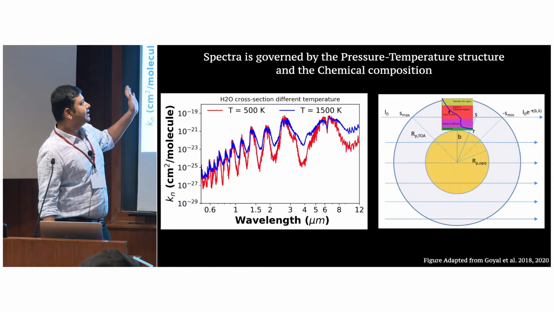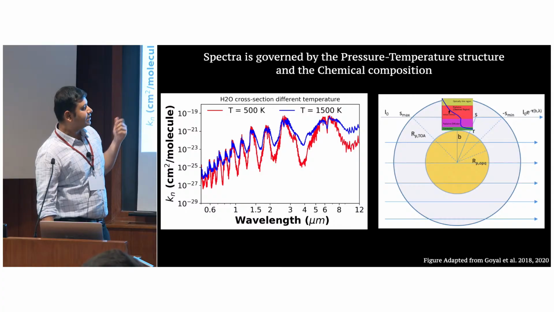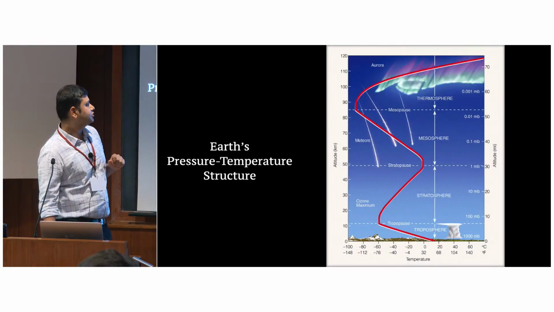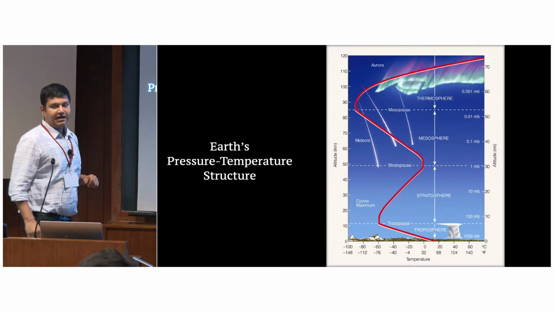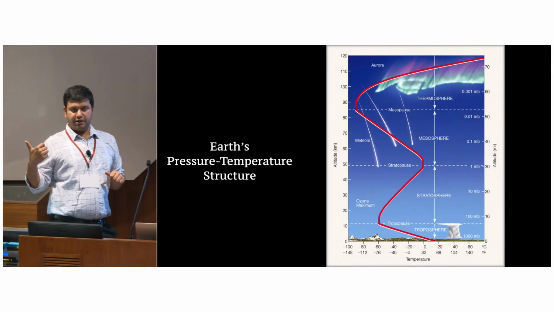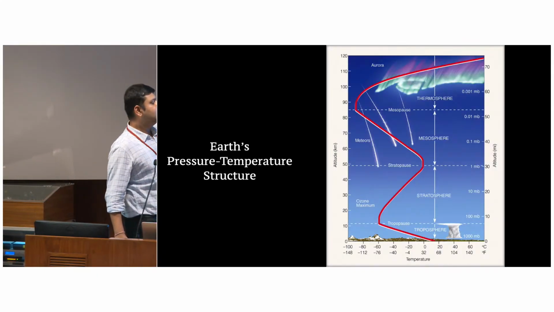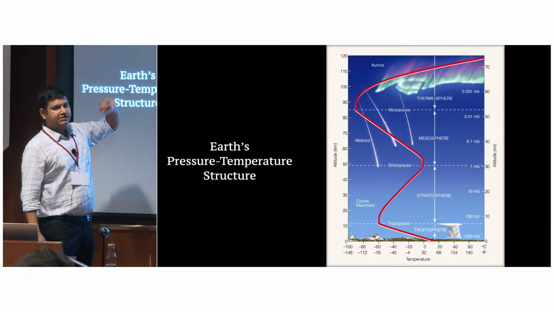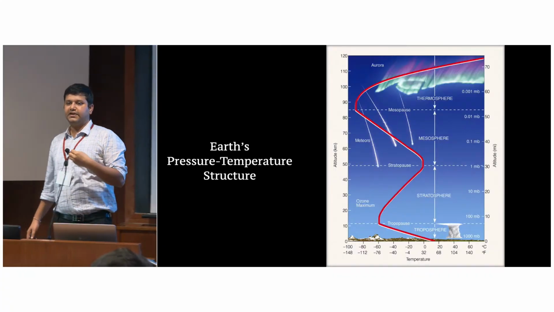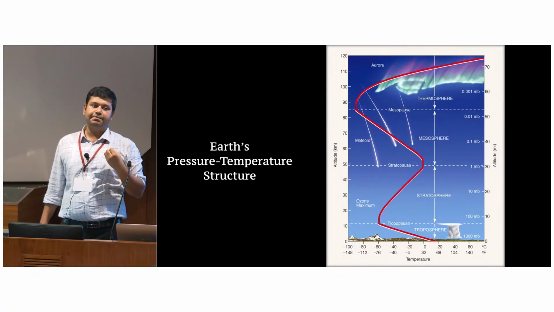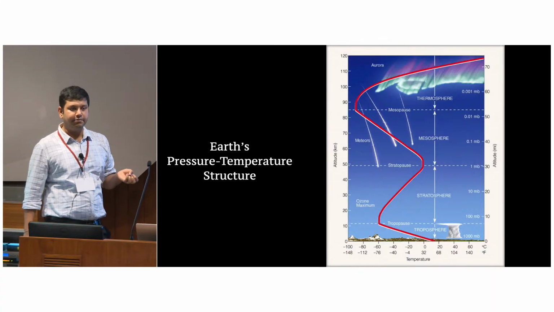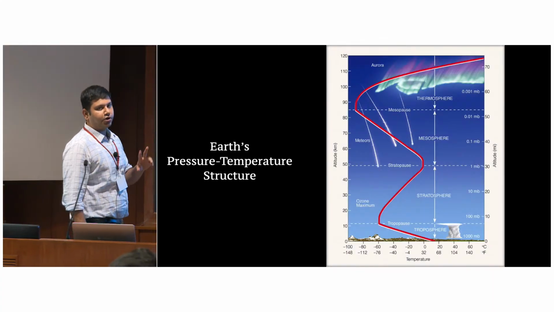Ultimately, the spectra is governed by the pressure temperature structure, and that also gives you the chemical composition. I was telling you the example of the Earth's atmosphere. This is the pressure temperature structure of the Earth's atmosphere. This structure is very fundamental for any planet's atmosphere and even for its habitability. That is why it is important to measure it.